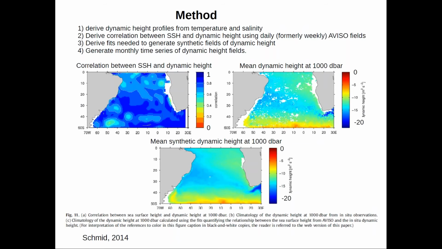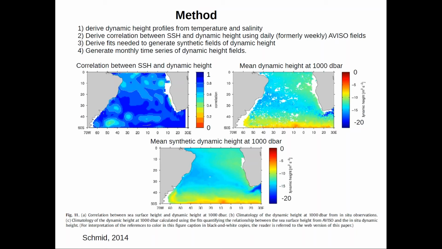For the method I showed before, from the previous time to now we changed only one thing. We still derive the dynamic height profiles from the temperature and salinity profiles. Then we do a correlation between sea surface height and dynamic height, which we formerly did with weekly ARIZO fields, and now we do it with daily ARIZO fields, which gives us better match-ups in time between the profiles and the sea surface height.